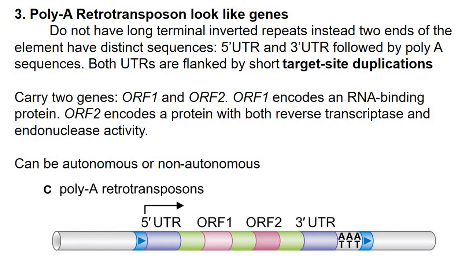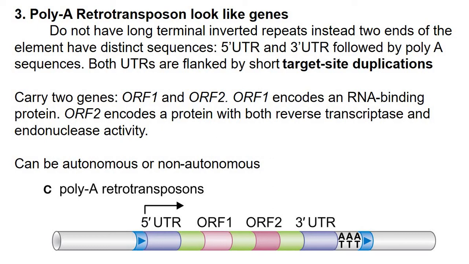Okay. Poly-A retrotransposons look like coding genes because they have the signature of what coding genes look like. They make mRNA. They do not have these long terminal inverted repeats like the other virus-like retrotransposons. Instead, they have two ends with distinct sequences called the 5' untranslated region and the 3' untranslated region.